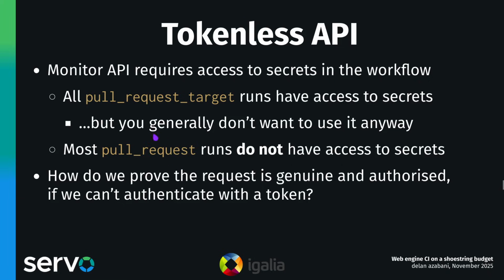So if you're stuck with pull request runs for your pull requests, does that mean that you can't use self-hosted runners? How do we allow pull request runs to request and reserve runners in a way that it can prove that its request is genuine and authorized?